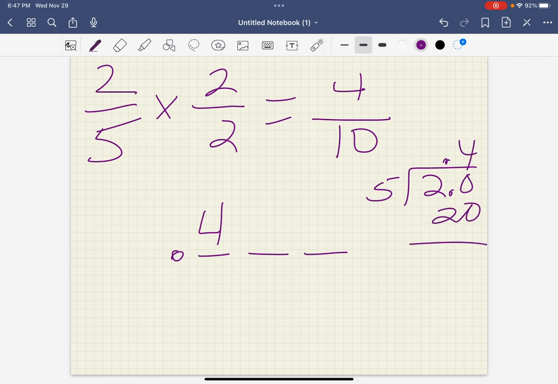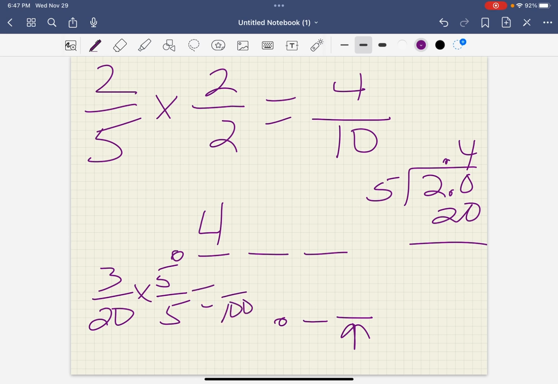Okay, so the next one is similar. It's 3/20. Remember, this is the hundredths place. And 20 multiplied by 5 will be 100. So we get 100 here, and 3 times 5 is 15. So this would be 0.15.